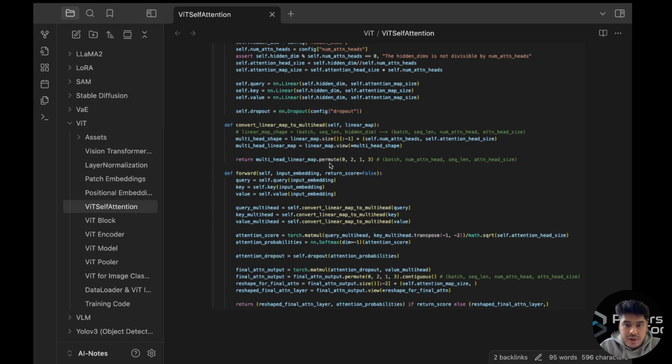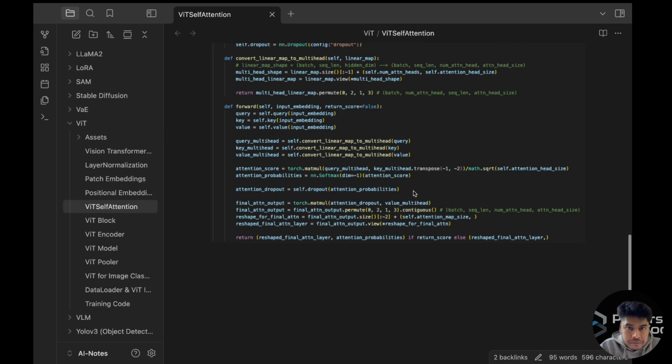In the end, we do a .permute of 0, 2, 1, and 3. So the idea is we flip the dimensions where we go from batch size, sequence length, number of attention heads, attention head size, to batch size, number of attention heads, sequence length, and attention head size. So the number of attention heads comes here, sequence length comes here. That is the basic idea of what's happening.